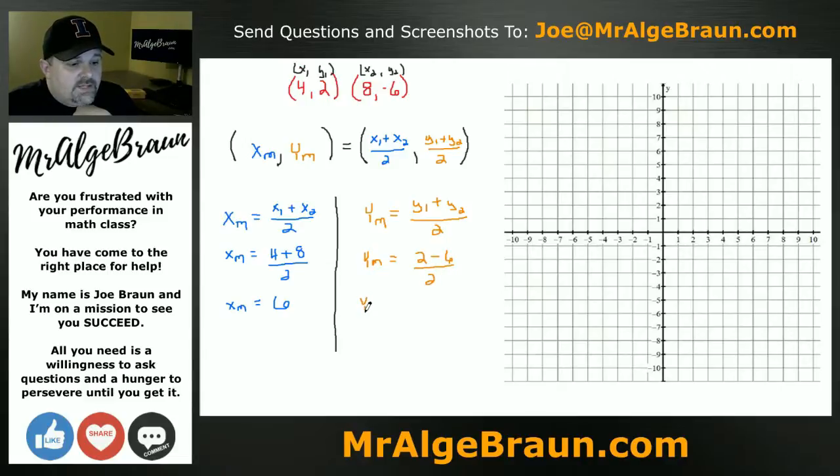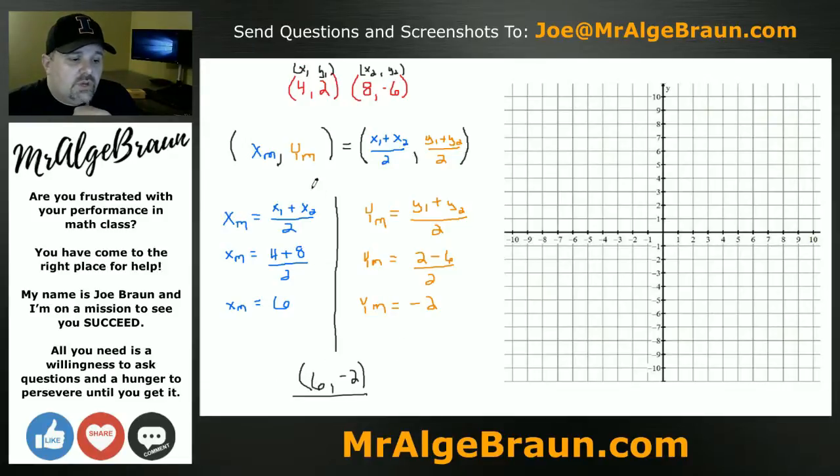And so y sub m equals, we're going to end up with negative 4 in the numerator here, and divided by 2 is going to give us a negative 2. And so our final coordinate is going to be a 6 for the x, and a negative 2 for the y. So this would be our answer, this right here.